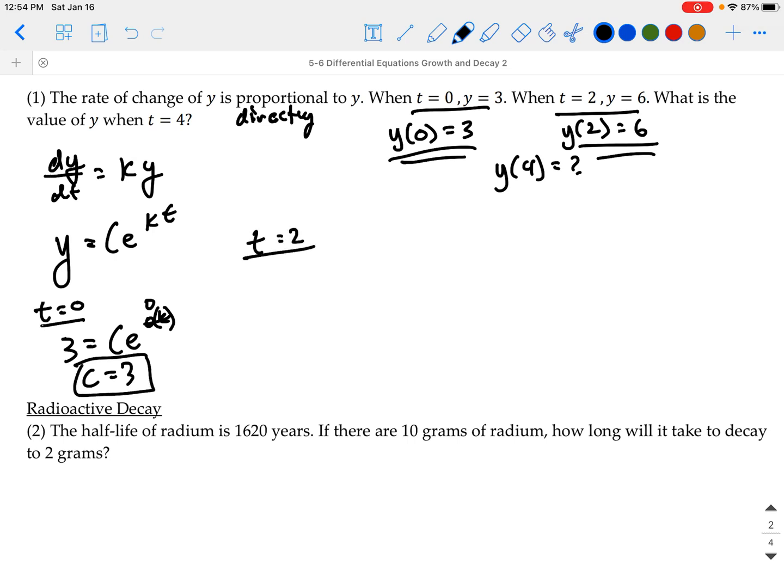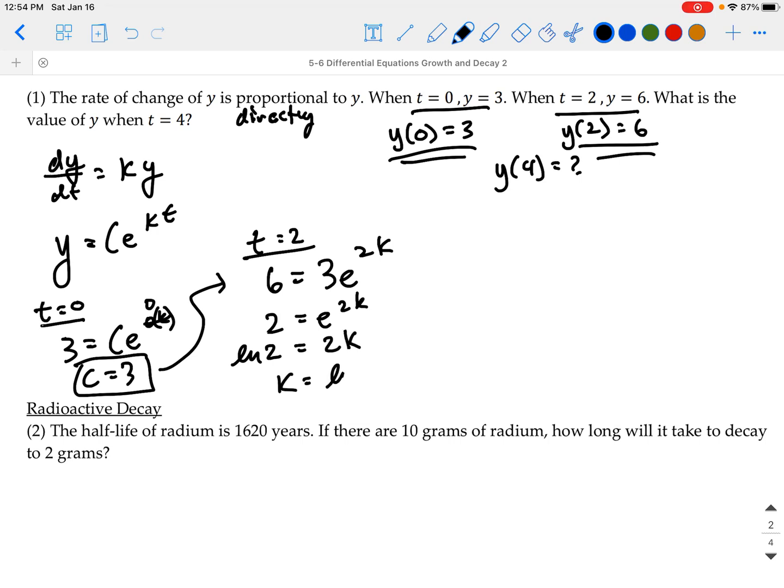And then if t is equal to 2, we'll get that 6 is equal to 3e to the 2 times k. So note here, now we're using that value of c after we've determined it. So we'll get 2 is equal to e to the 2k. We can take the natural log of both sides to get 2k. So k is going to equal the natural log of 2 divided by 2.